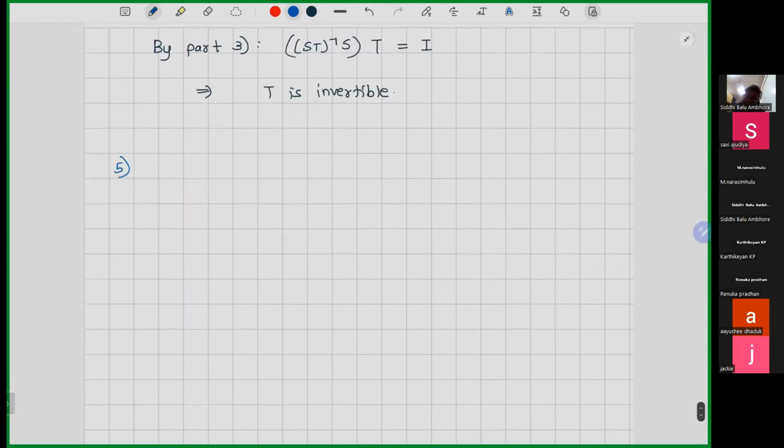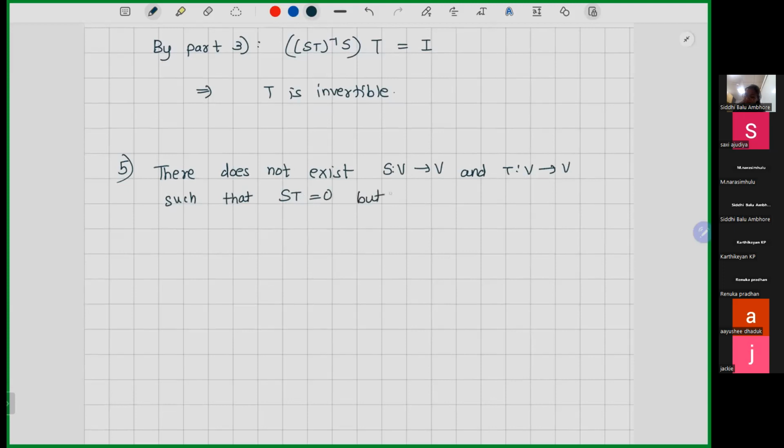This is the last of this part. They are now asking that there does not exist S from V to V and T from V to V such that ST is 0 but TS is non-zero. Now they are saying that it does not exist.